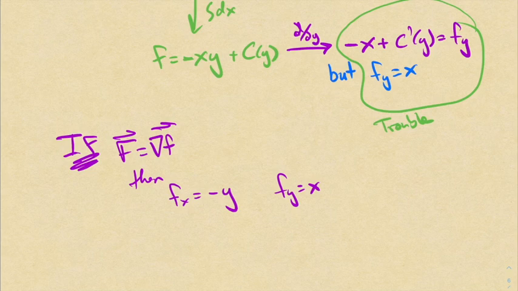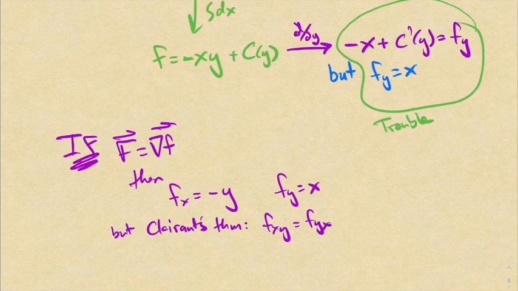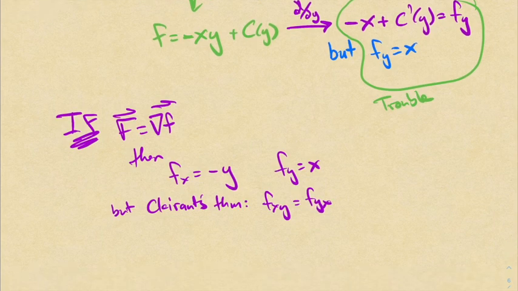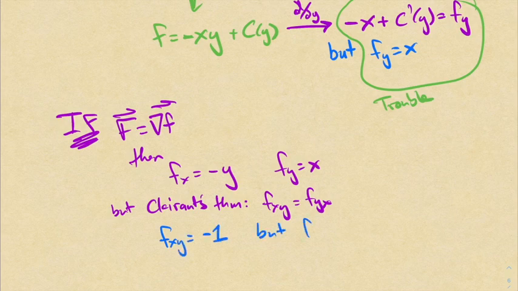But by Clairaut's theorem, remember this is the one that says that the mixed partials should be the same, we can check here that they're not. f_xy is minus 1, but f_yx is 1, and these are clearly not the same. So if we had a potential function, then these should be the same. They're not, so it can't have a potential function.